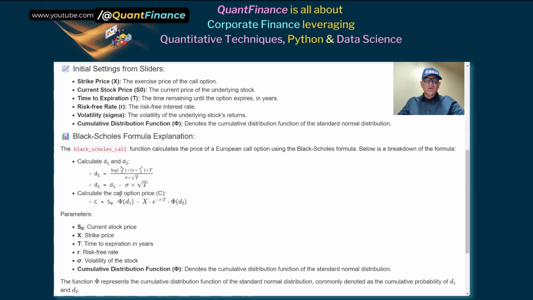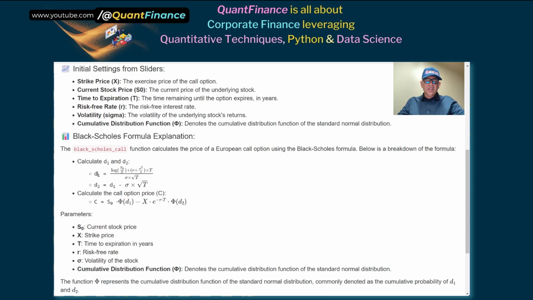So this is how the call option price is calculated using the Black-Scholes model. Essentially two things have to be calculated here, D1 and D2. In order to compute D1 and D2, we need S naught, X, R, and T, and with these we can compute the whole expression.